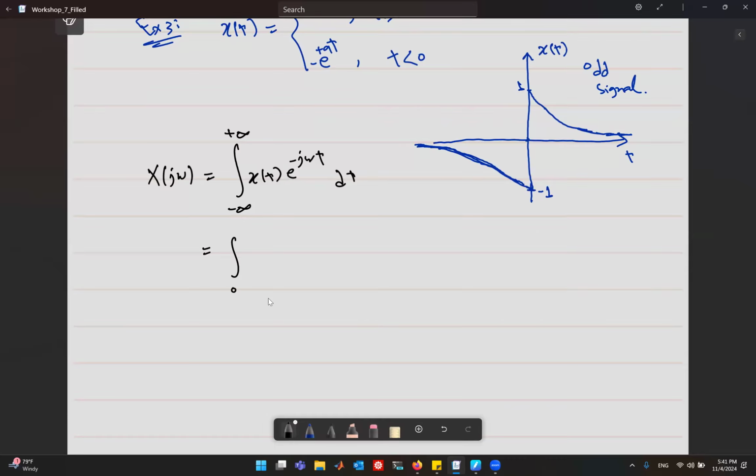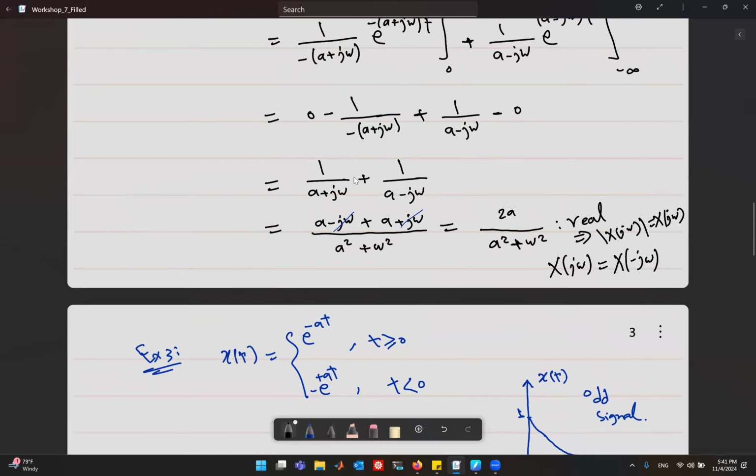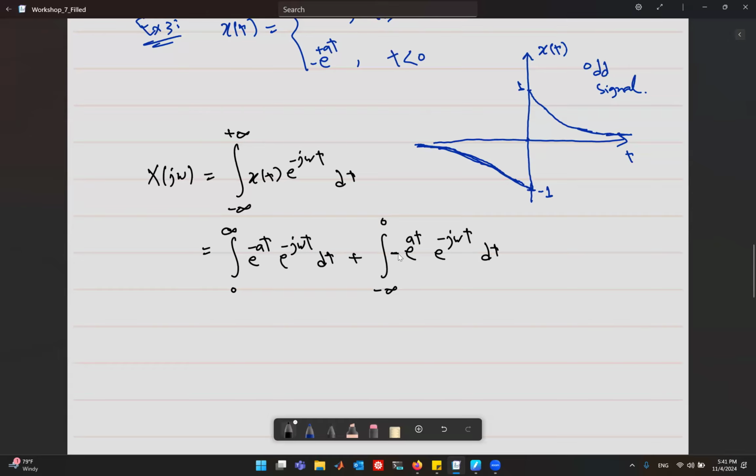The first part from 0 to infinity, exponential minus at exponential minus j omega t dt, plus from minus infinity to 0, we have minus exponential at exponential minus j omega t dt. And this is actually similar to what we had here, but the only difference is this negative sign between the two terms.